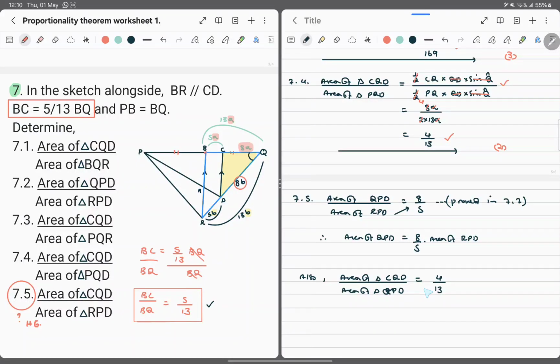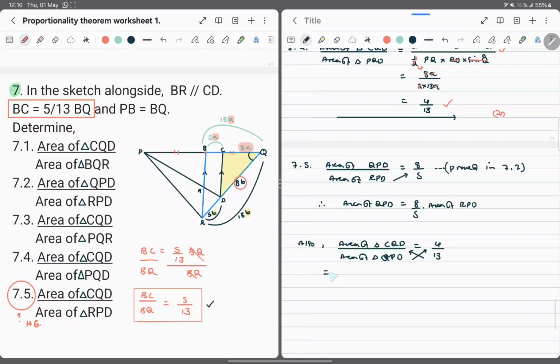So now we will cross multiply first because we want to isolate QPD. So cross multiplication makes a sensible option here. So we will see that 4 times the area of QPD is going to be 13 times the area of triangle CQD. These are triangles, not just lines.